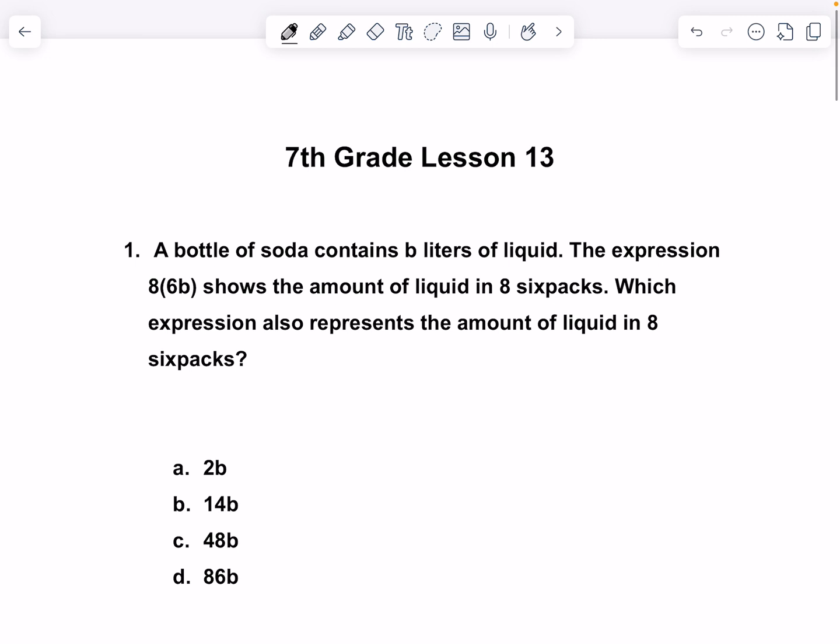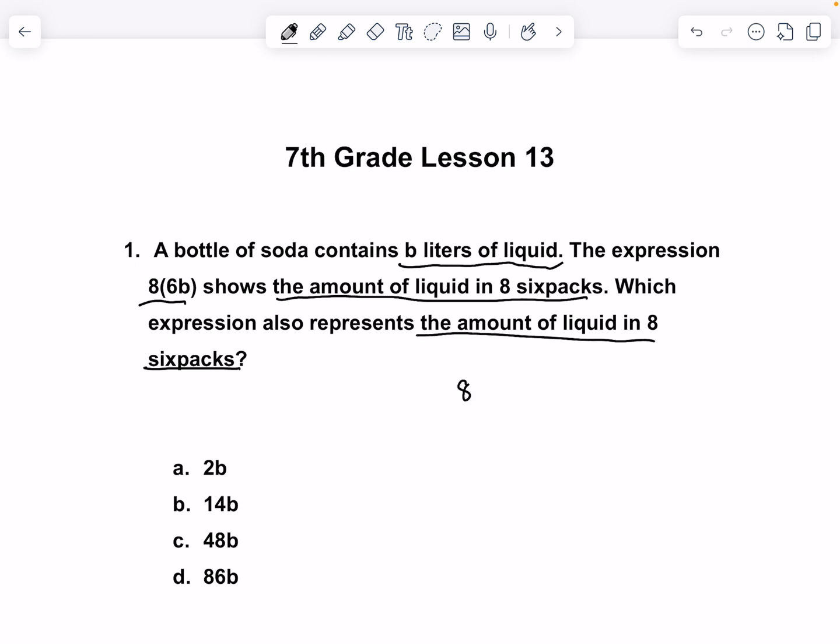The first one says that a bottle of soda contains B liters of liquid. The expression 8 times 6B shows the amount of liquid in 8 six-packs. Which expression also represents the amount of liquid in 8 six-packs? So either way, we're finding how much liquid is in 8 six-packs.